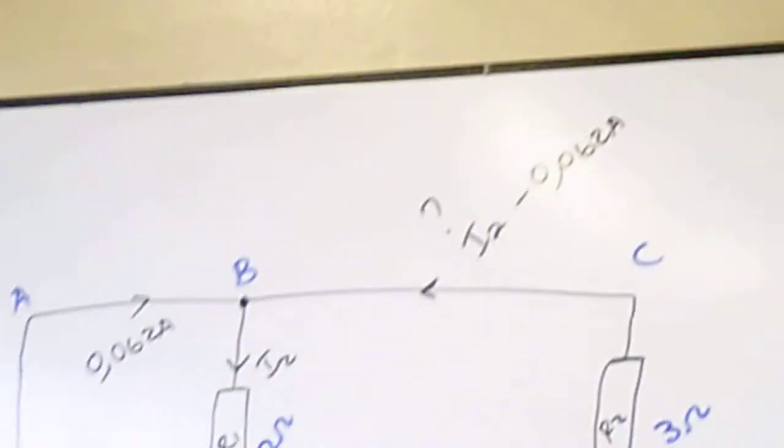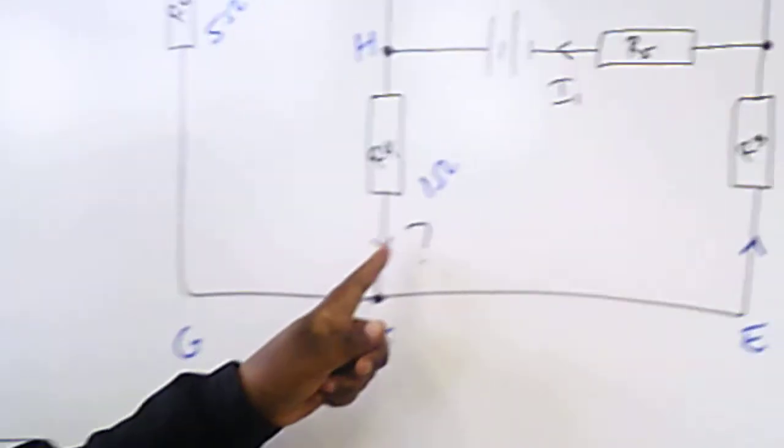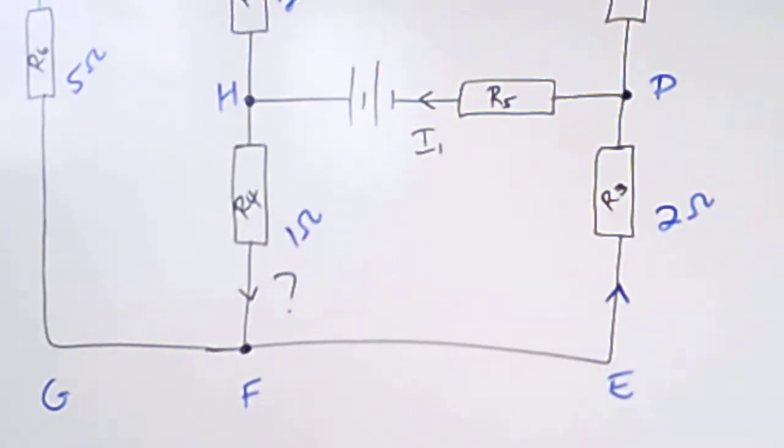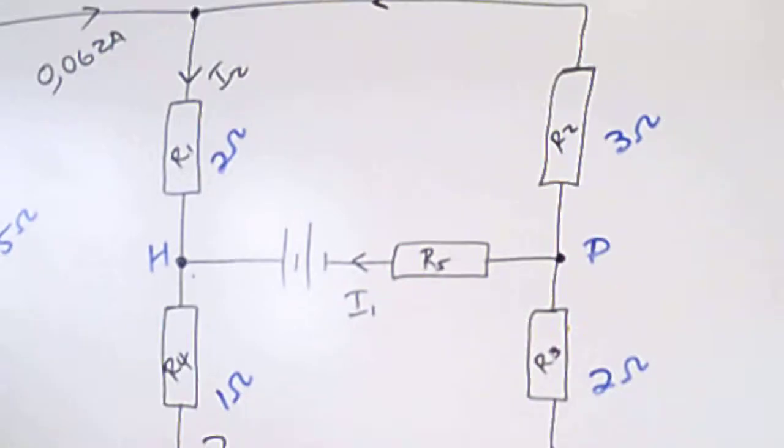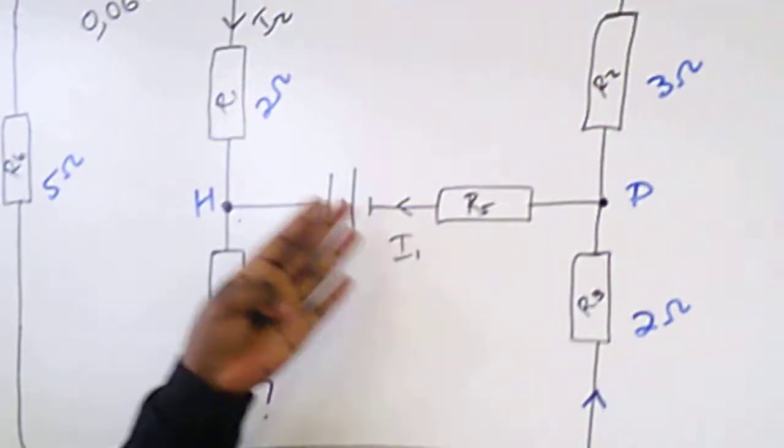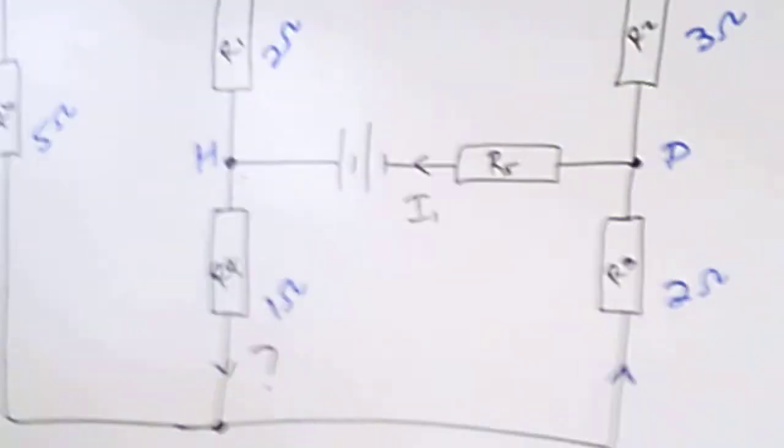Now I'm coming to this one. Which junction can I use to find this unknown equation? I can use H, not F, because F is going to have two unknowns. So it's better if I use H. Then the question will be, which current is flowing towards and which current is flowing away? Remember, the one flowing towards is equal to the one that's flowing away.